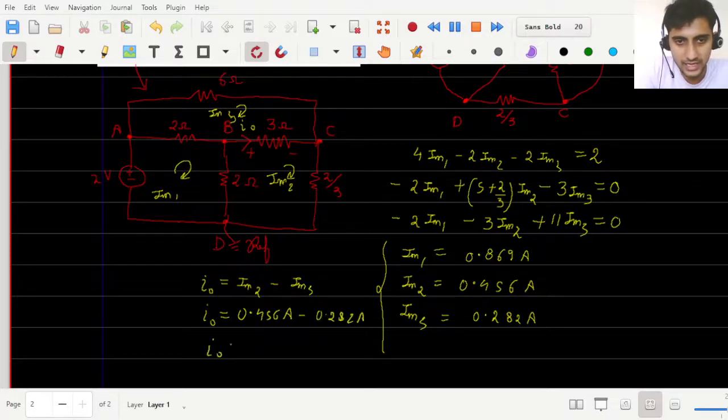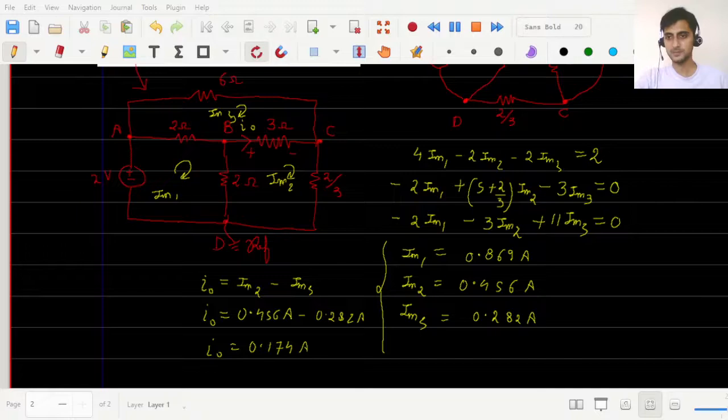So I naught is 0.456 minus 0.282, which is about 0.174 amperes or 174 milliamperes. That's how you're going to solve this particular question. Thank you so much.